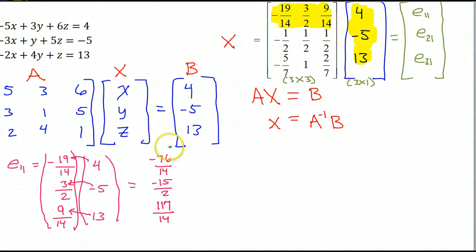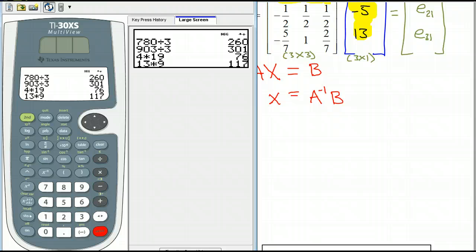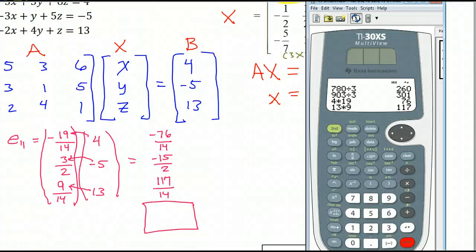Now we just have to add all these up and get the final result. I'm just going to scroll down a little bit. If I add all these up, I will use my calculator to help me do that.